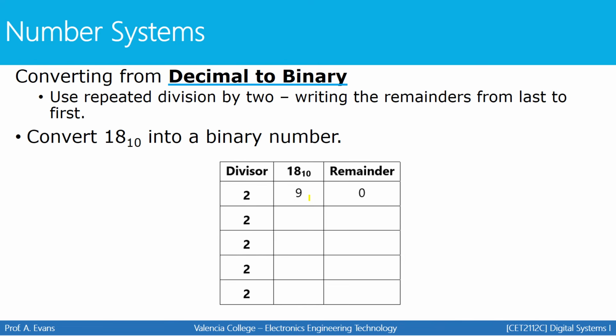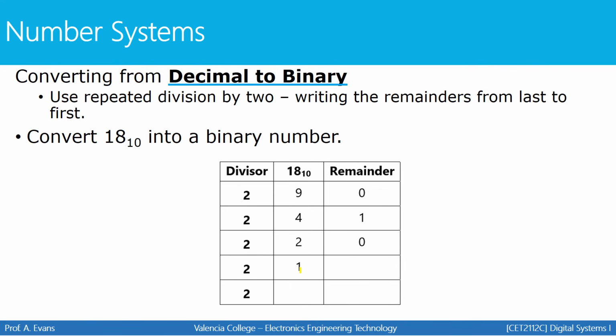Then I'm going to take 9 and divide it by 2. 9 divided by 2 would be 4.5, which is the same thing as 4, remainder 1. I'm going to then take the 4, divide it by 2. That's going to give me 2, remainder 0. I'm going to take the 2 and divide it by 2, which is going to give me 1, remainder 0.